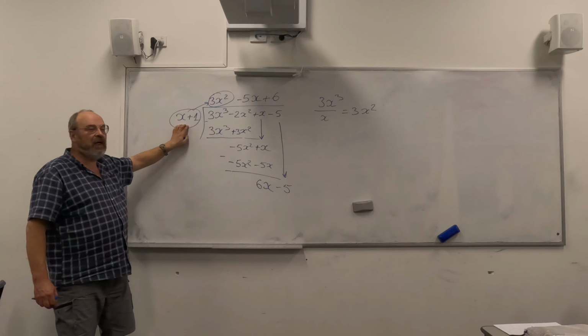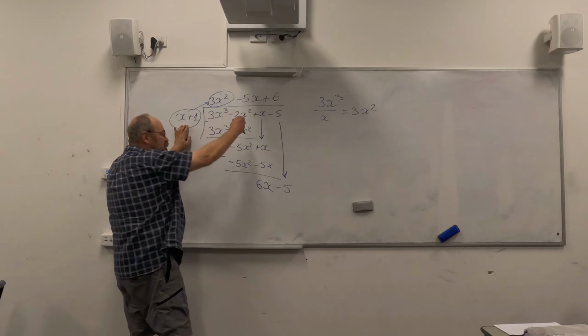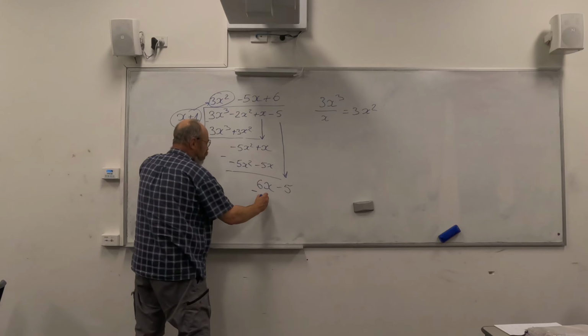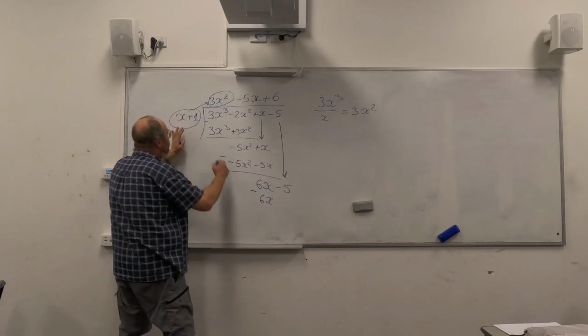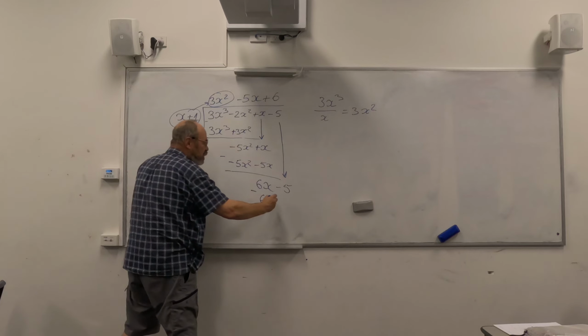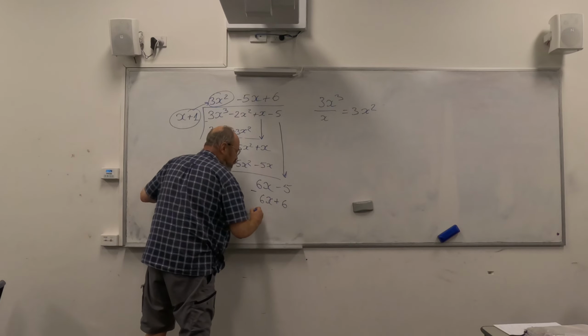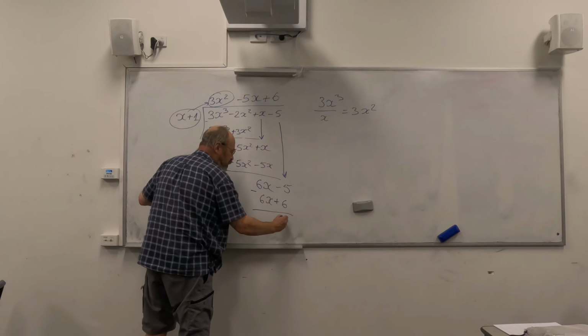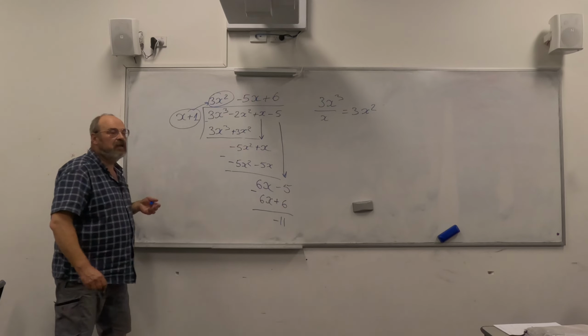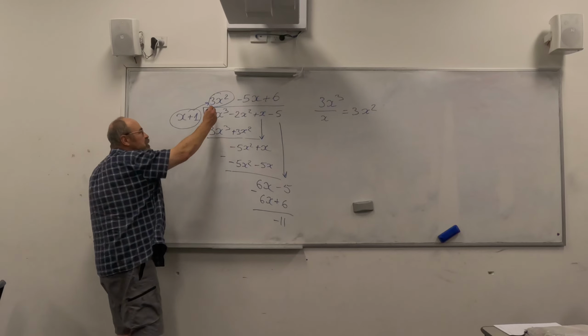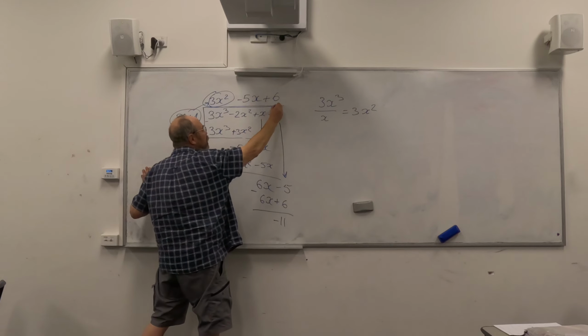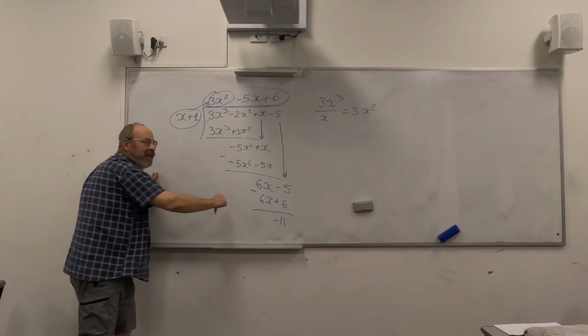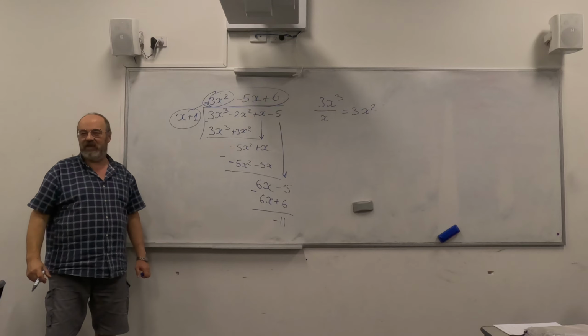Now we multiply x plus 1 by 6 and we subtract it. 6x, and 1 times 6 is 6. So we get negative 5 minus 6, negative 11. So the result of the division is this, and the remainder is negative 11.